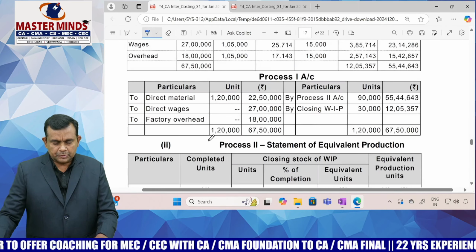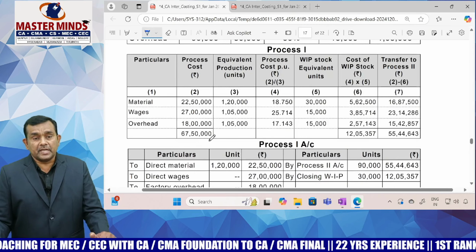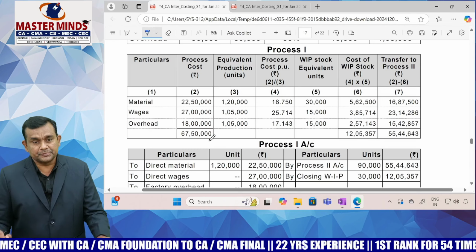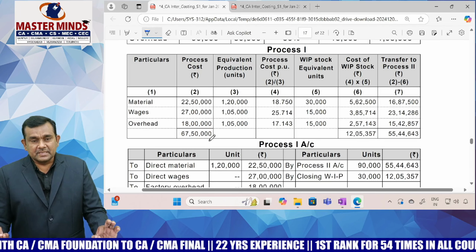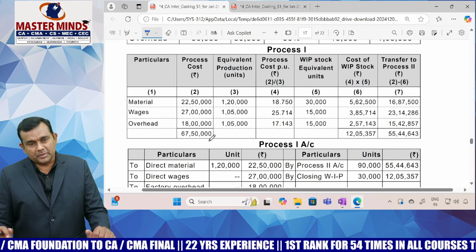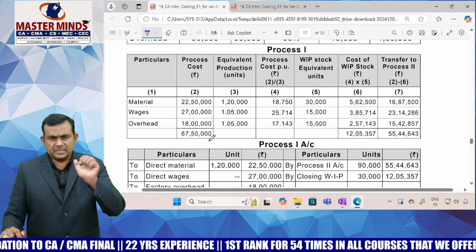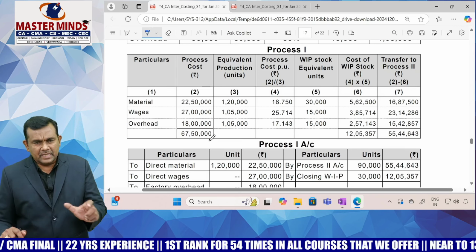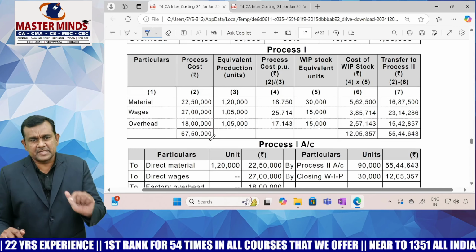Process 1, process 2. Here there is no opening work in progress in process 1, and no work in progress in process 2. So simple problem. Just there is a closing work in progress in process 2. In case of closing work in progress, the production statement format: current input less normal loss as per industry norms, less closing work in progress will give the expected output.